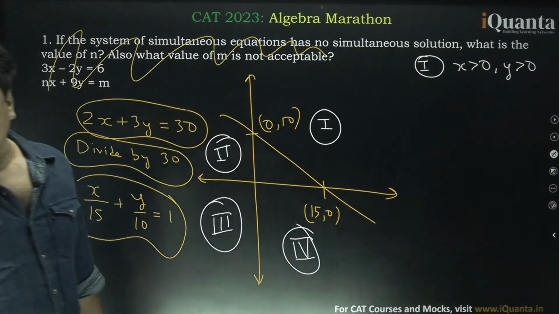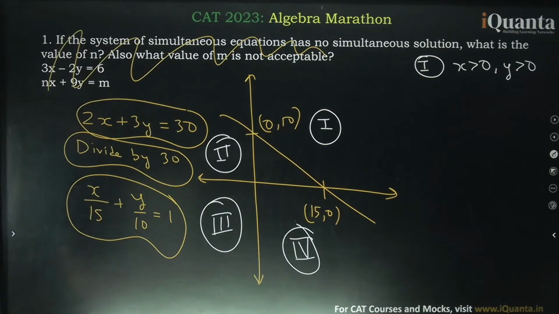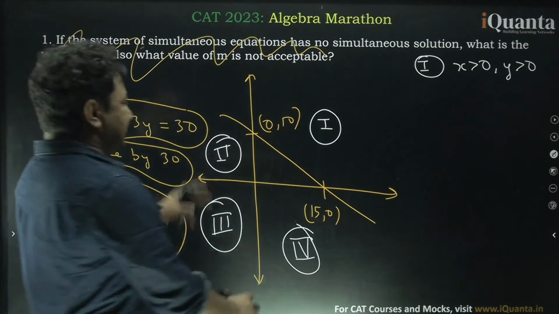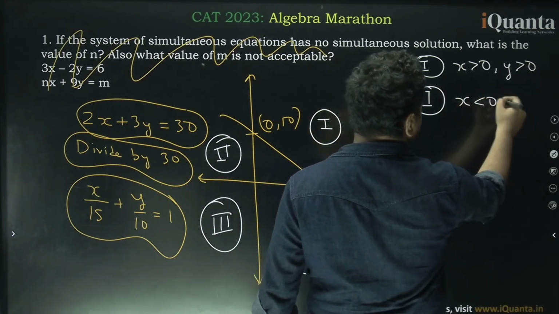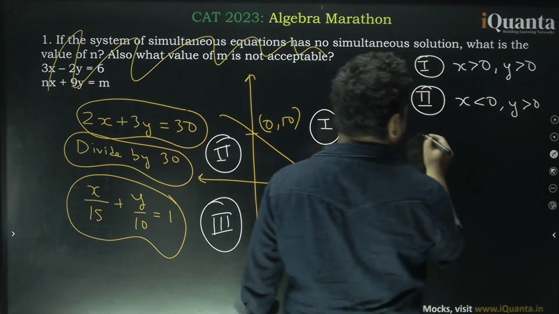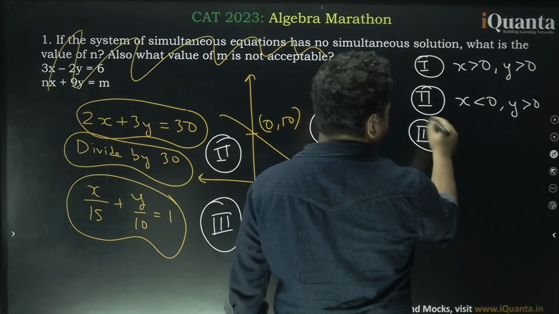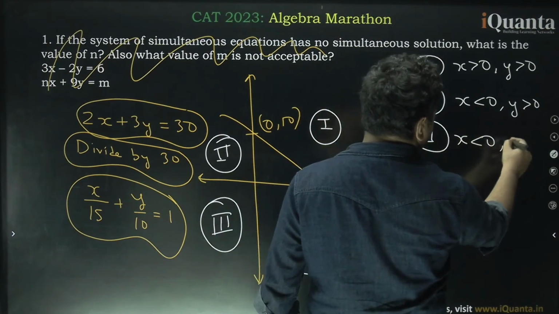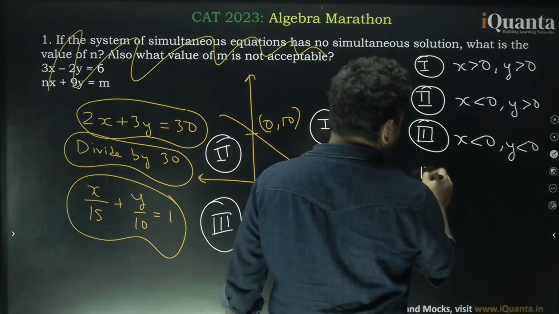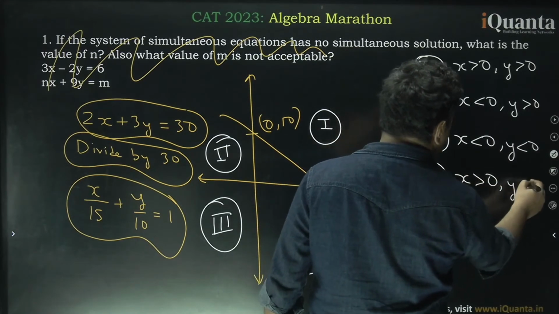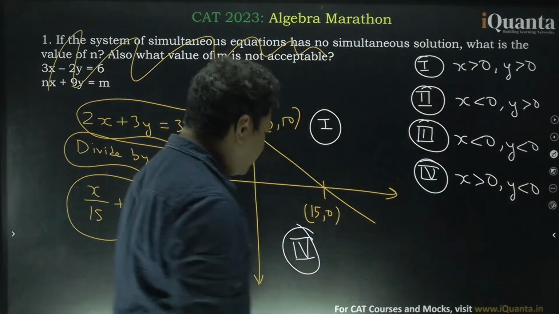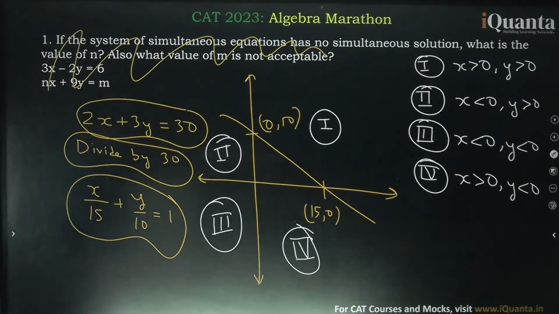In the second quadrant, x is negative but y is positive. In the third quadrant, x and y both are negative, and in the fourth quadrant, x is positive but y is negative.